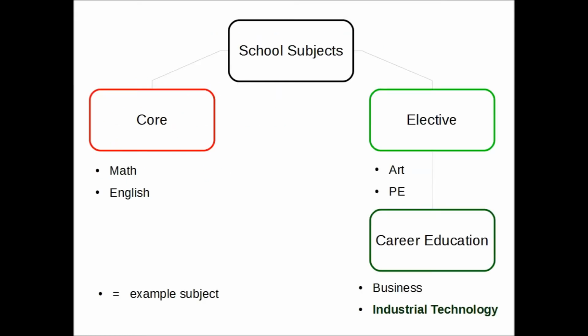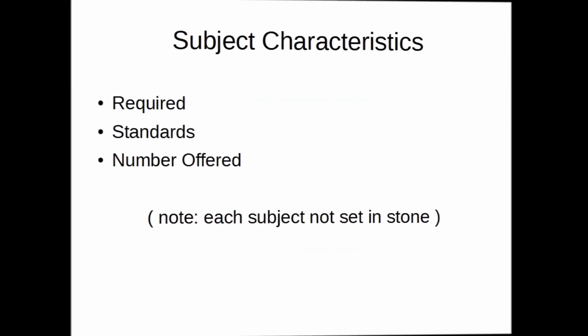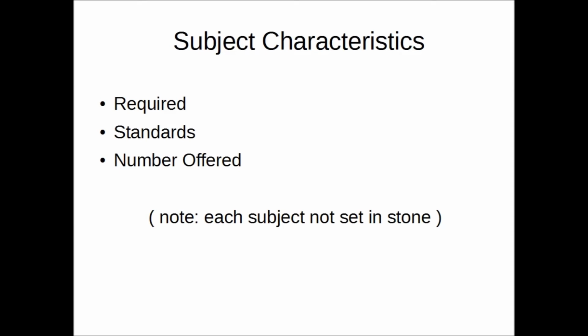Generally speaking, there are two categories of school subjects: core subjects and elective subjects. Industrial technology being an elective subject. Depending on which side the subject falls, it influences the character of the subject. Some questions that influence this are: what classes do you need before you can graduate from school?